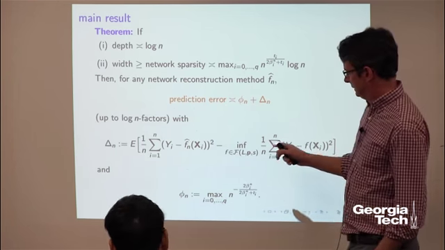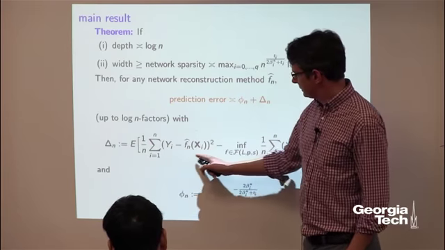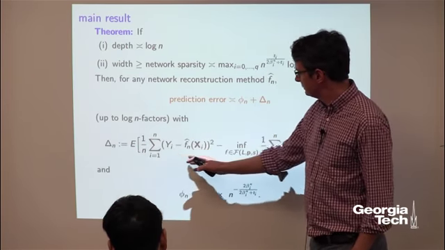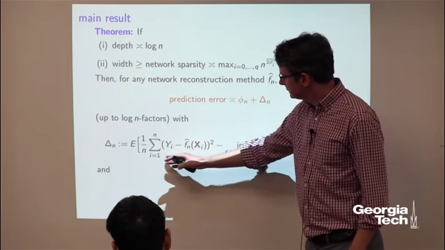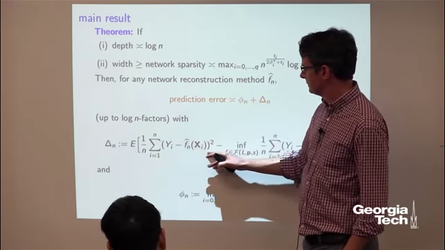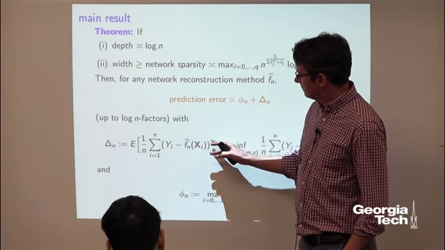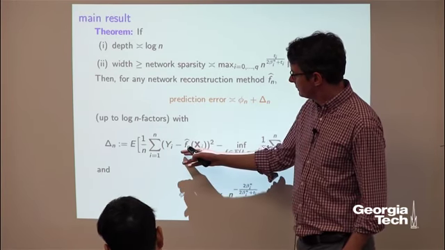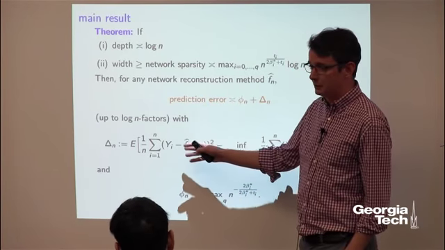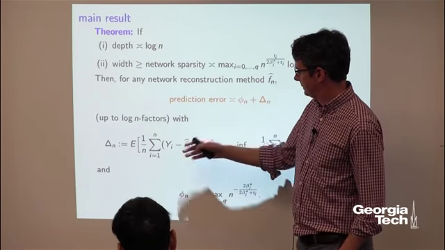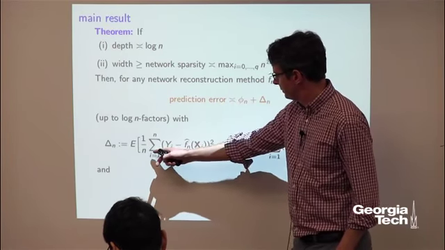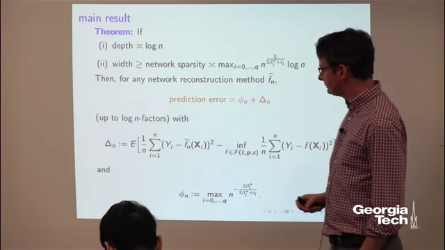And the delta n here, forget about this expectation, it doesn't really matter. This is the empirical loss that all these gradient descent methods want to minimize. For regression, the loss is just the squared L2, so you shouldn't confuse it with the way it's written for classification. But if you do regression, this is exactly the loss that all the methods want to minimize.